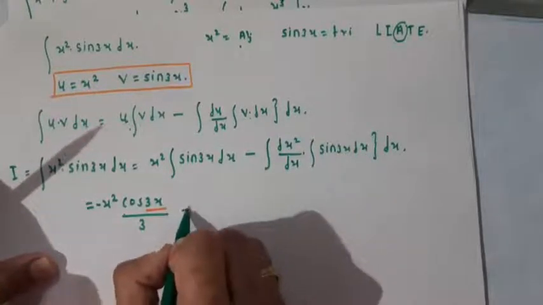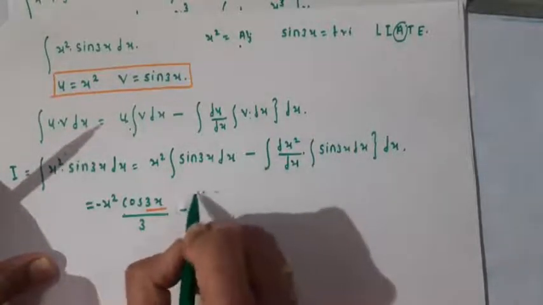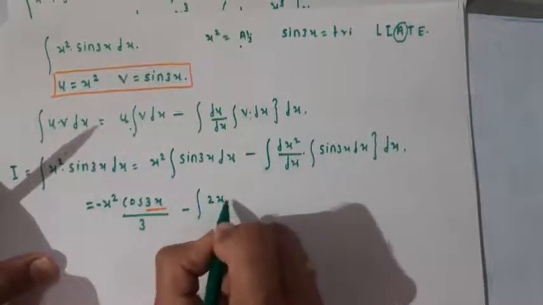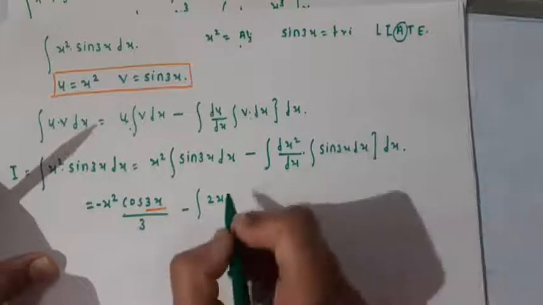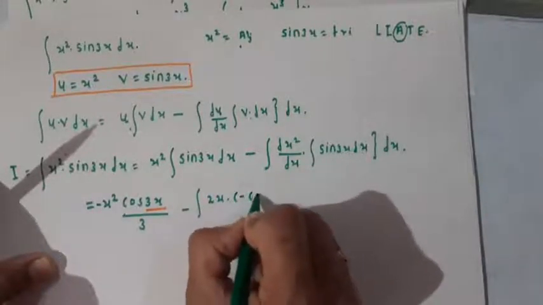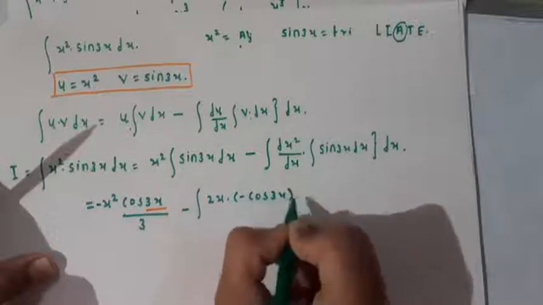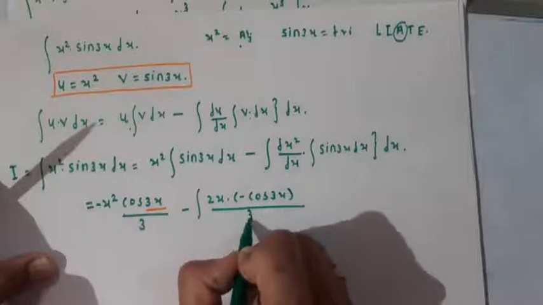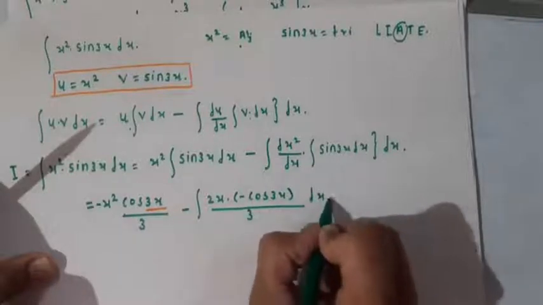Okay, minus integration of differentiation of x square, which is 2x, into integration of sin of 3x, that is minus cos of 3x upon 3 with respect to x.